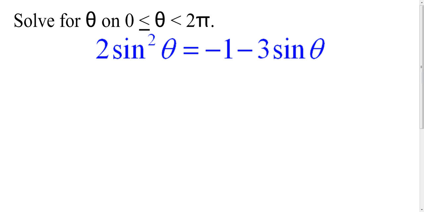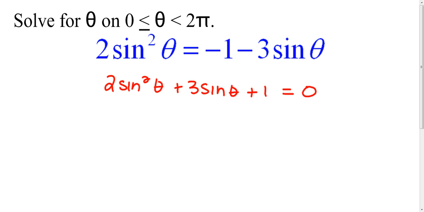Here I've got an equation that does have all sine values in it. So I'm going to move everything to one side of the equal sign. Then, because I need to have it solved for sine, I am going to go ahead and factor this.